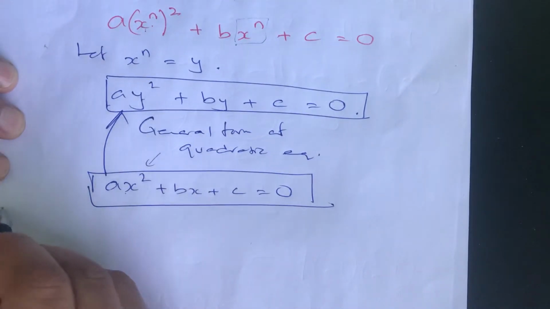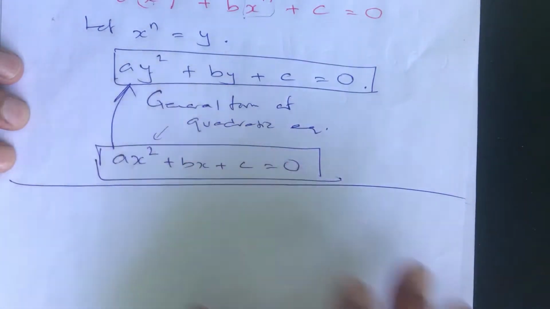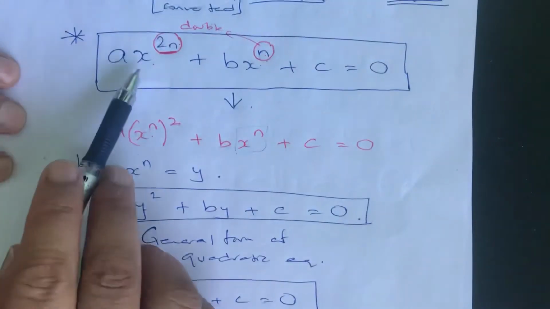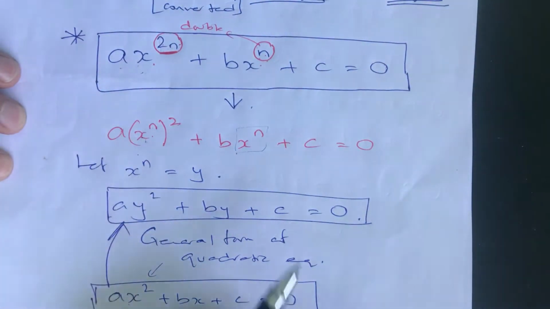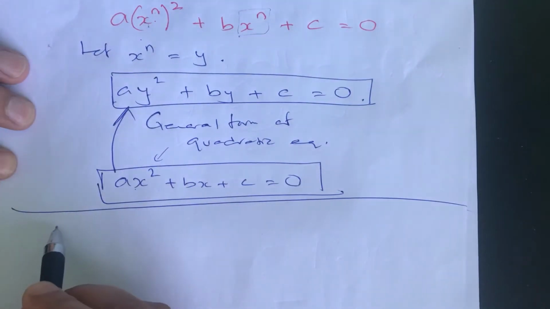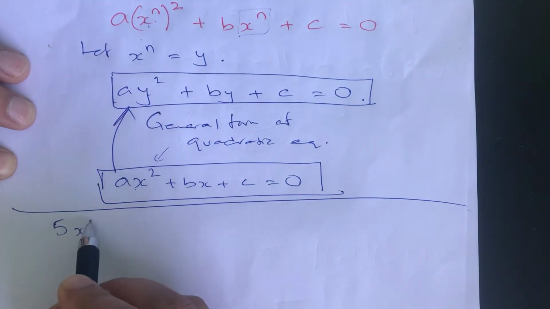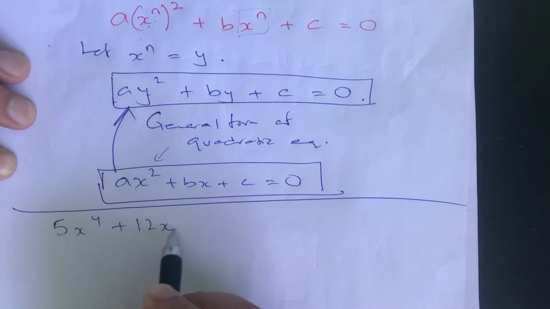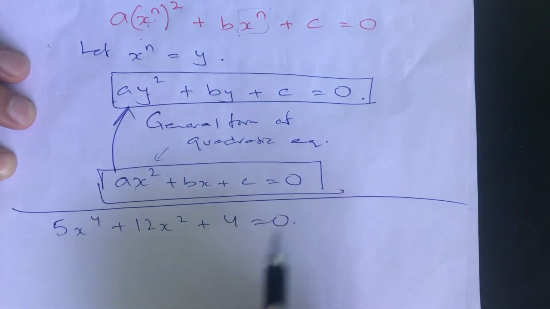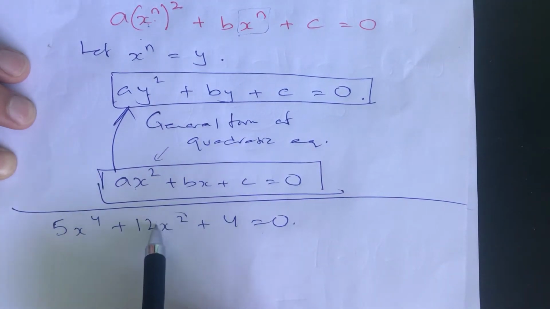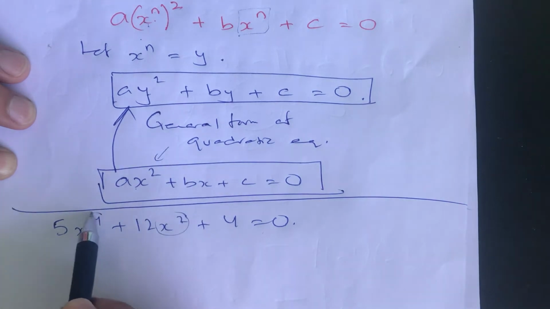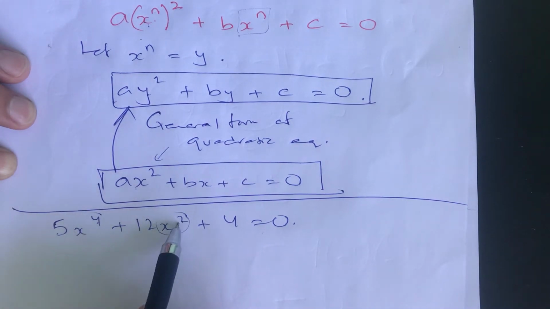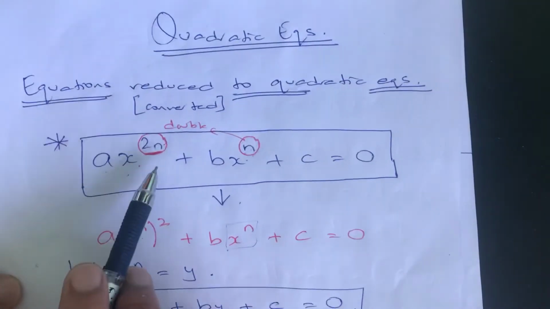Let's say, for example, I'm just giving you a ready-made one, like this one only, straight over. So what you can do is you can make it in this form. So the example is, you may get 5x to the power of 4 plus 12x squared plus 4 is equal to 0. Now if you look carefully, this power 4 is double of this 2, so that means this is definitely in this form.